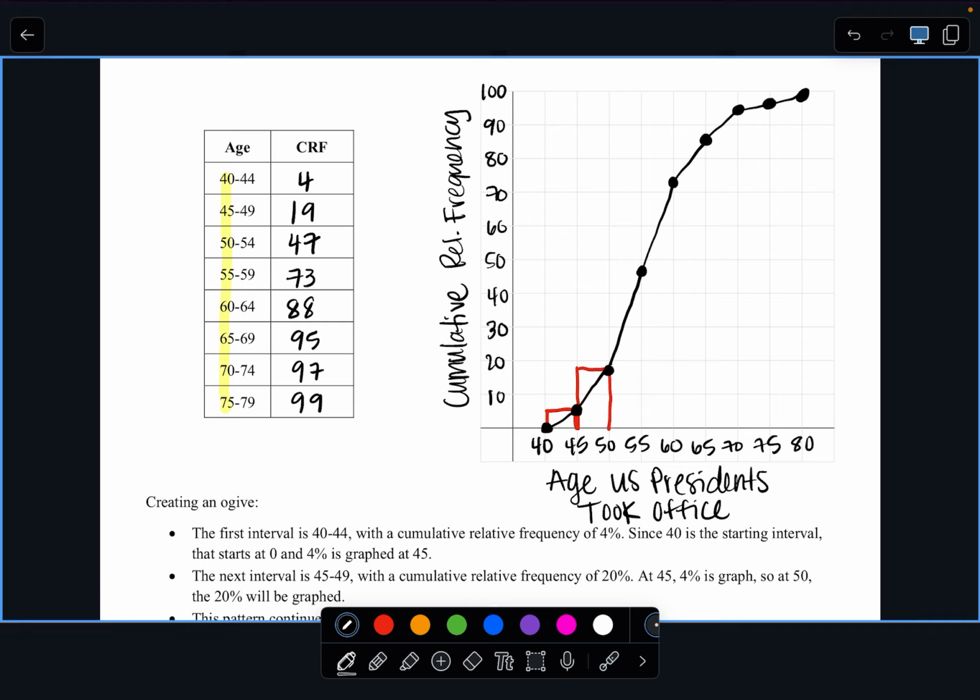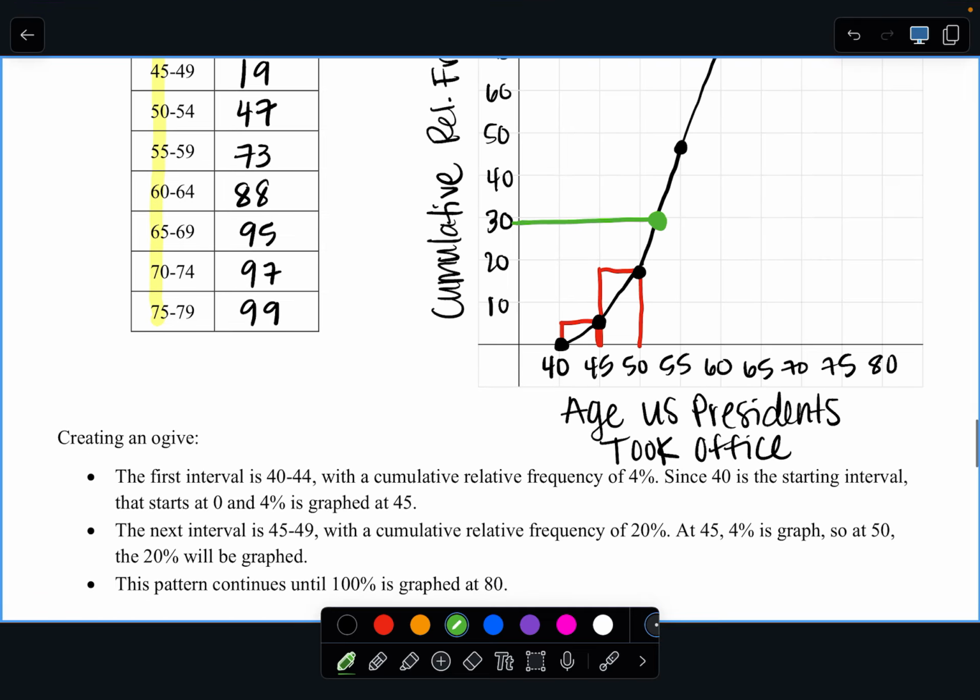If I want the 30th percentile, I go to where 30 is on my y-axis, and I draw a straight line across to where my curve is, quote unquote. And so I like to draw the lines just because it hopefully makes it a little bit easier for me to line everything up. And then once you're there, you draw a line straight down. And so this is going to represent the 30th percentile.